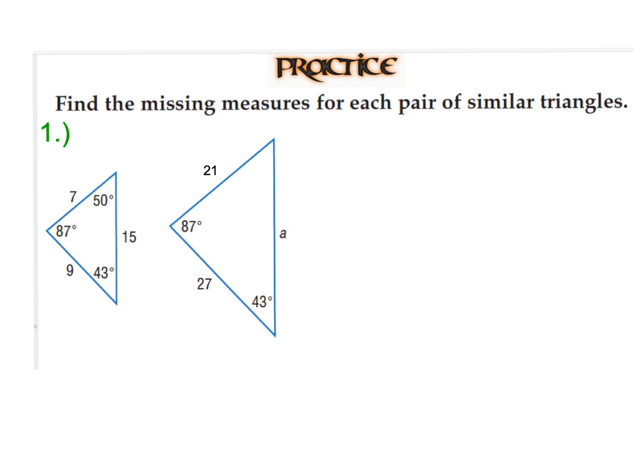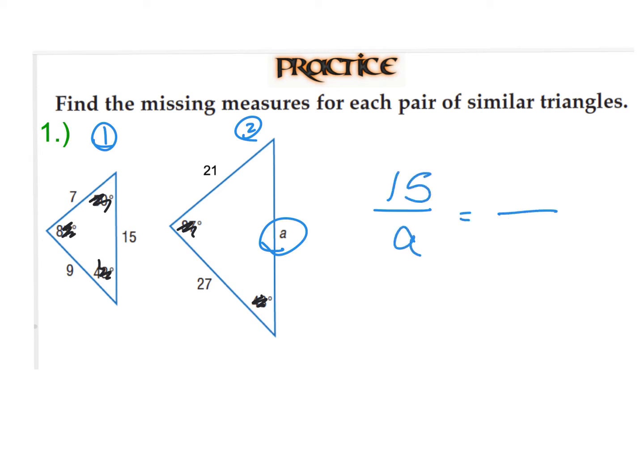So let's do it again. Again, you don't have to worry about the angles on the inside. I'm not worried about those. I need to find A. This is triangle number 1, this is triangle number 2. So 15 corresponds with A. Now, I can set up one more side, and it doesn't matter which one.